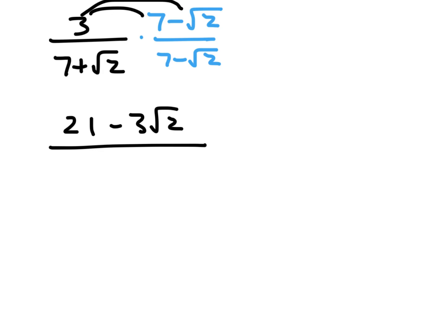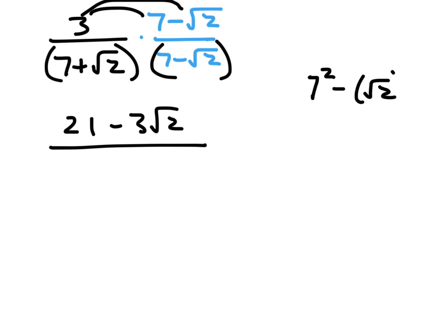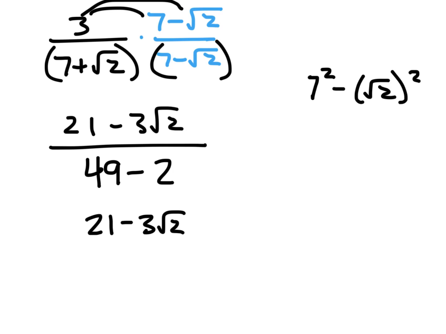And in the denominator, notice, again, this is just difference of 2 squares. So when we think about it like that, that's just 7 squared minus the square root of 2 squared. So we have 49 minus 2, which is 47. So here we have 21 minus 3 square roots of 2 all over 47.